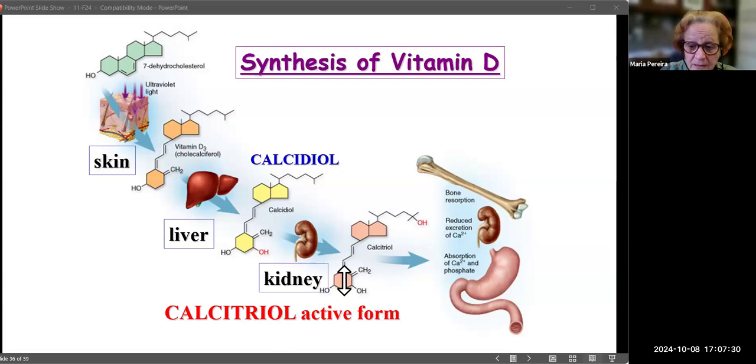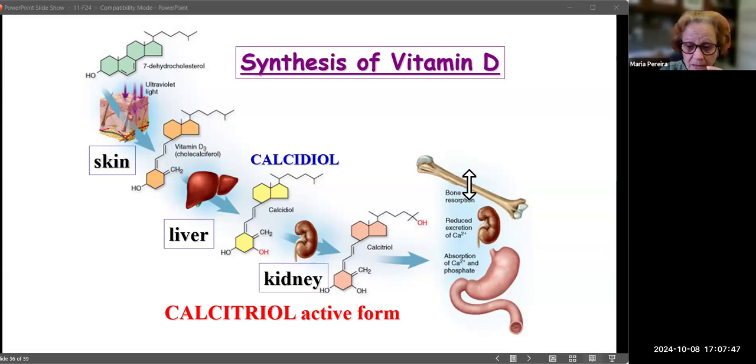So what does vitamin D do? How can it affect calcium? Vitamin D allows calcium to be deposited on the bone.